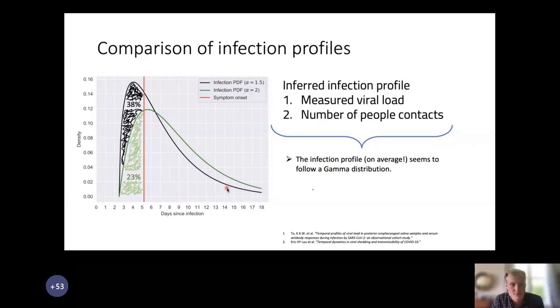So the part I don't understand is, if everyone isolated fully as soon as they show symptoms, so they never transmit the disease after symptoms, will we see that probability remain at 23% or go to 100%? Exactly. So I guess it goes to 100%.